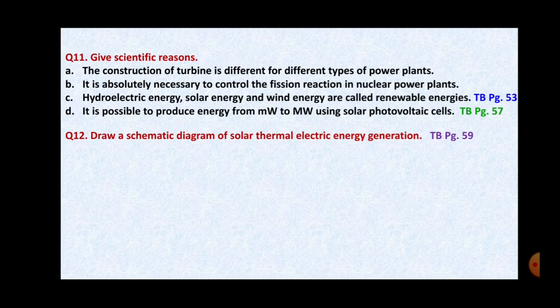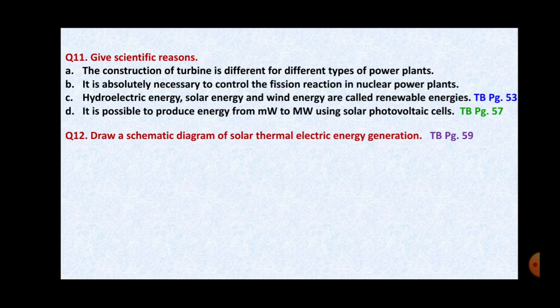Right. Now, by connecting the solar panels in series or in parallel way, the required electric current can be obtained, right? And thus from millivolt to megavolt of energy can be produced using photovoltaic cells.